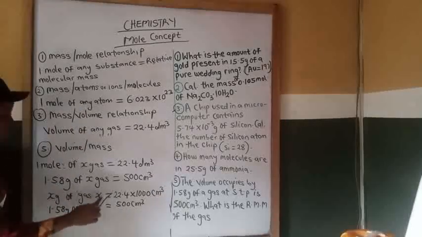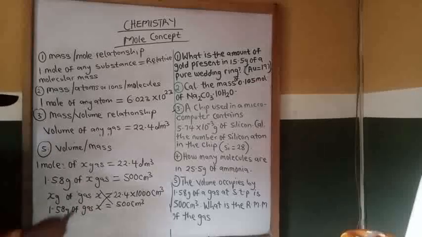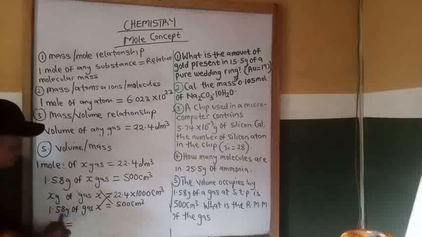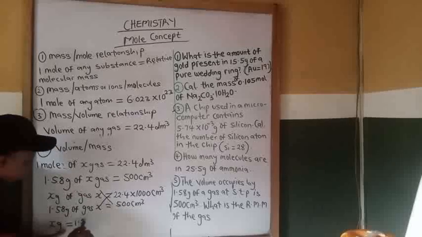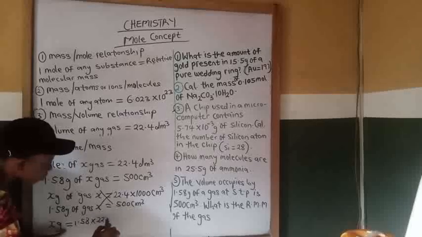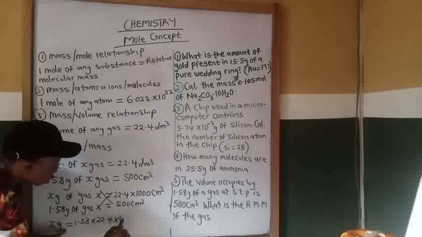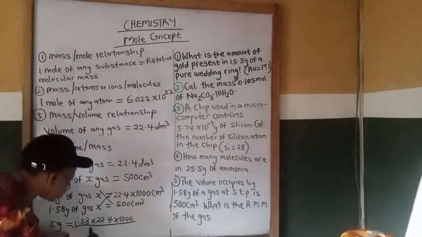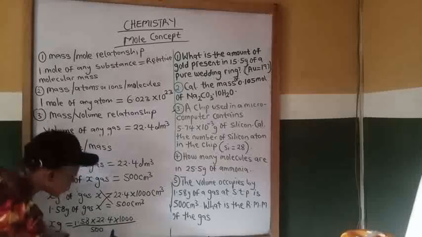Then we cross multiply. We are looking for the mass of gas X. So X gram will be equal to 1.58 times 22.4 times 1000, then divided by 500 centimeter cube.